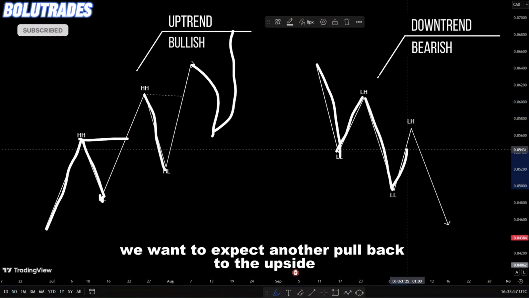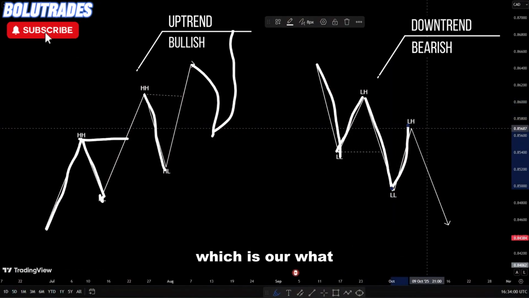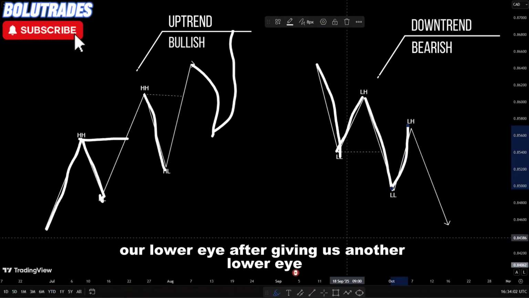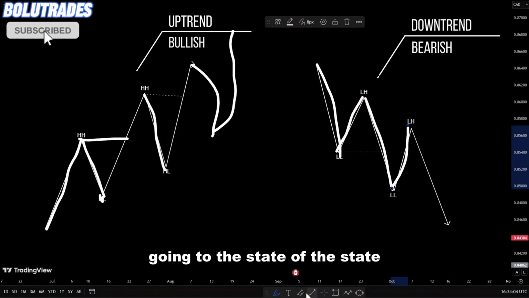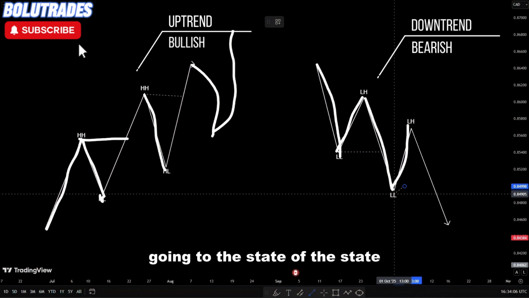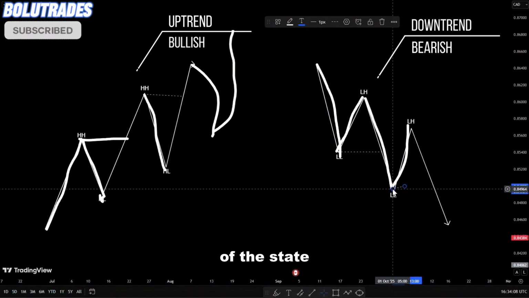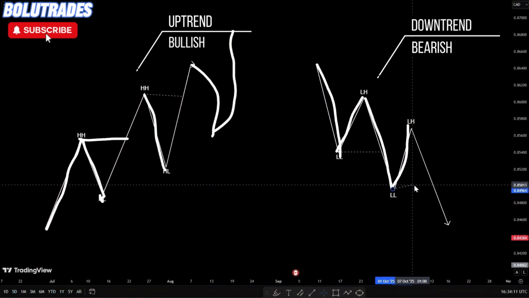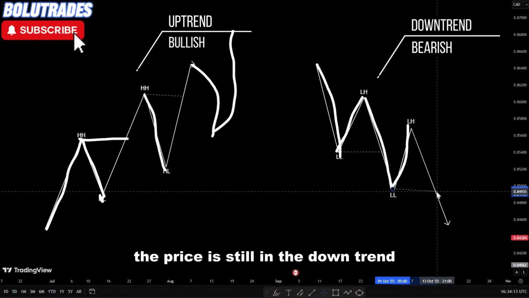We want another pullback to the upside, which is our lower high. After another lower high, we want to expect another break of structure to the downside to give us a clear confirmation that price is still in a downtrend.